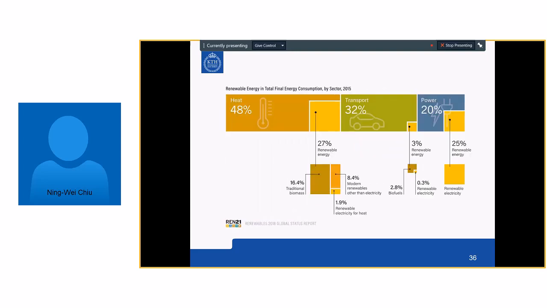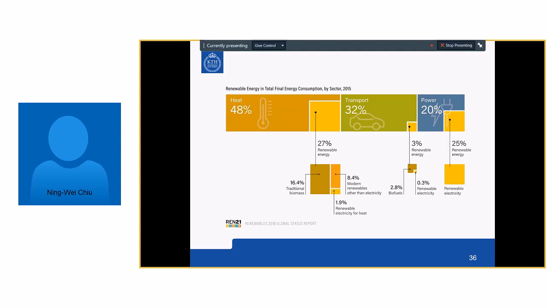And here is shown the part of the renewable. All the small squares here are the renewables. All the rectangles are by sectors. So we see heating stands for 50% of the energy use. Then transportation is one third of the total energy use. And then we have power, which here means electricity.